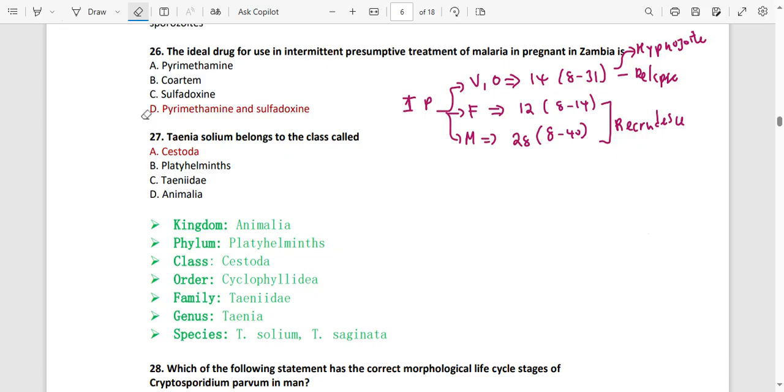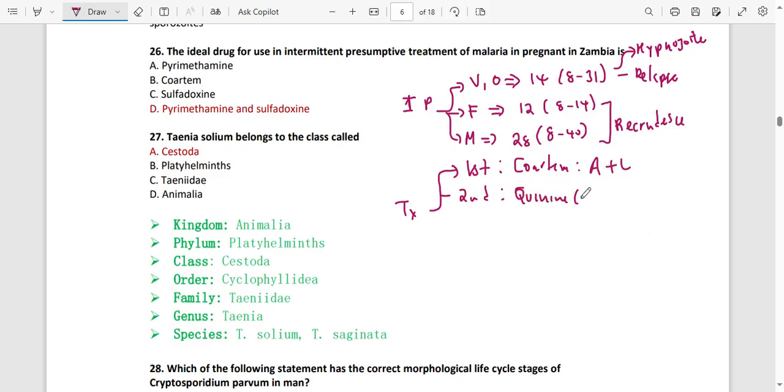Number one, you need to know that the first line treatment is coartem. And you know coartem is a combination of artemisinin and lumefantrine. The second line we can give for the treatment of malaria is quinine, and we'll give it orally. So oral quinine.